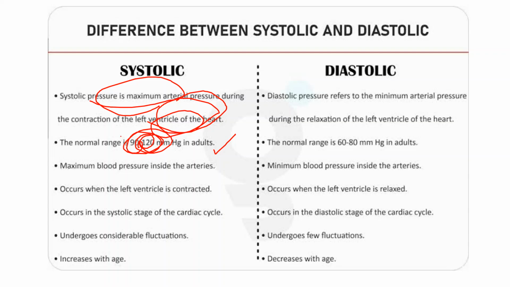Maximum blood pressure, 120 mmHg. Maximum blood pressure is present inside the arteries, and it occurs when the left ventricle is contracted.